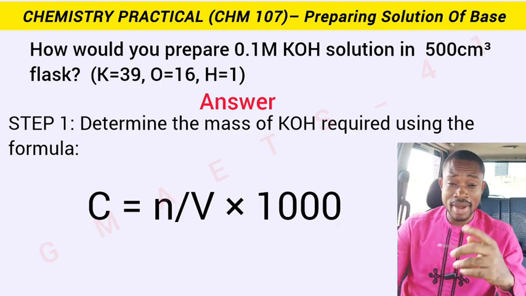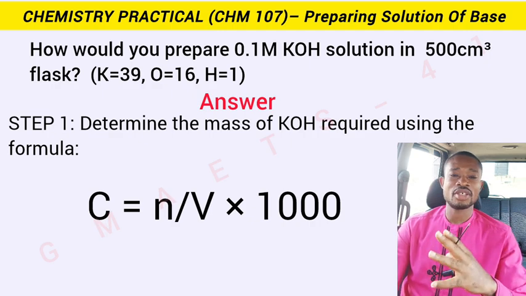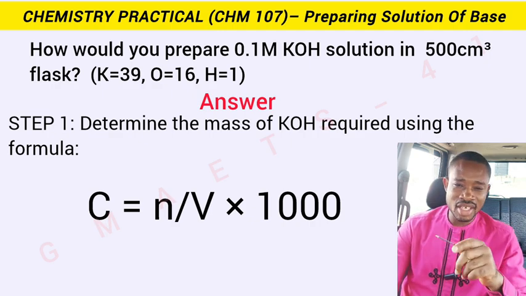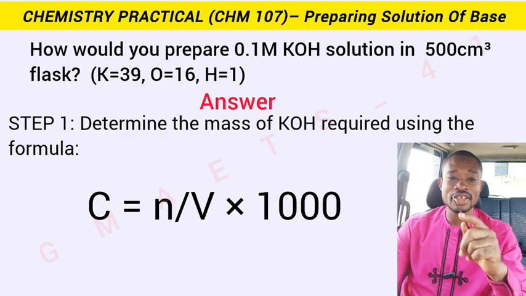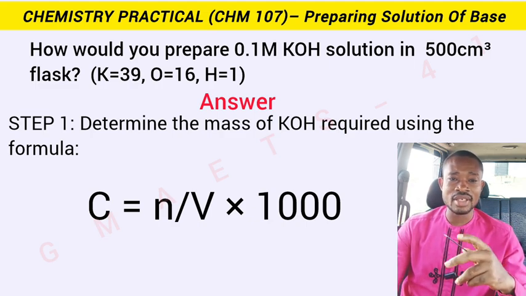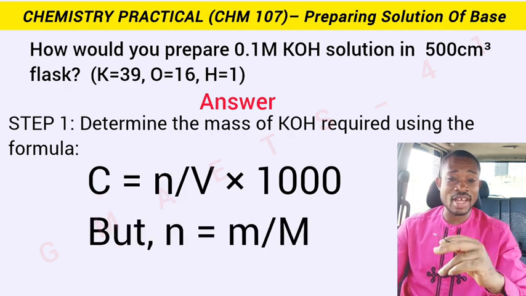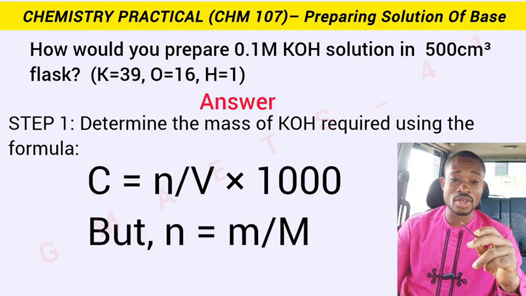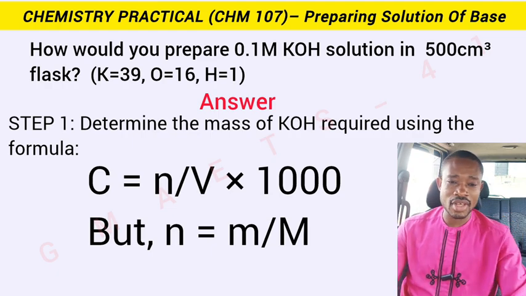Now, remember I told you that we have to determine the mass of the potassium hydroxide that needs to be dissolved. In this formula, there is no mass directly. But remember, mass is hidden in number of moles, amount. You know that amount N is equal to the mass to be dissolved divided by the molar mass of the substance. Now, if you copy and paste that formula, your concentration is going to be mass over molar mass divided by volume and then times 1000.